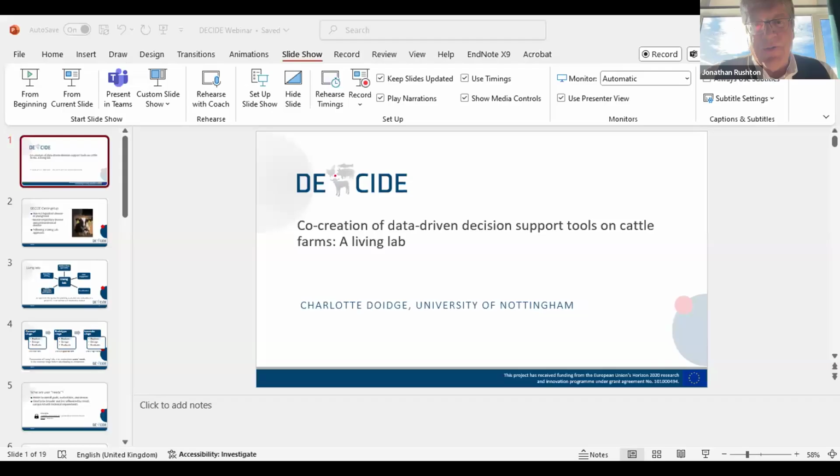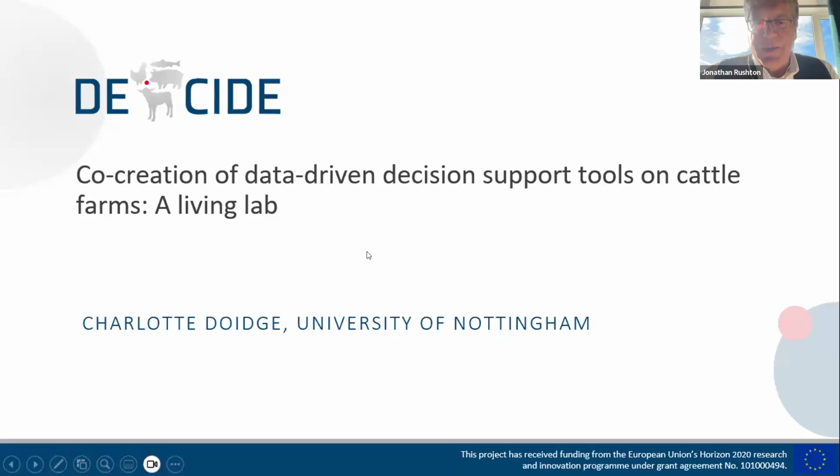She was previously a research fellow working on the social science work package of the DECIDE project, and her research focuses on farmer and veterinarian decision making and practices related to livestock health, welfare and technology. And Charlotte's going to talk to us about the living lab user design aspects of the Cattle Barometer. So without further ado, Charlotte, please go ahead.